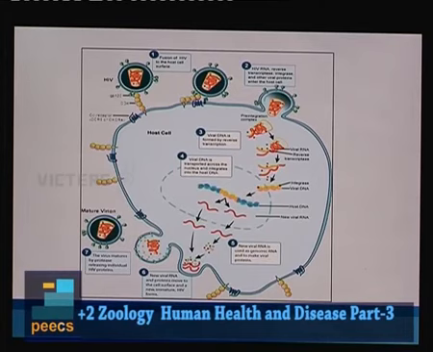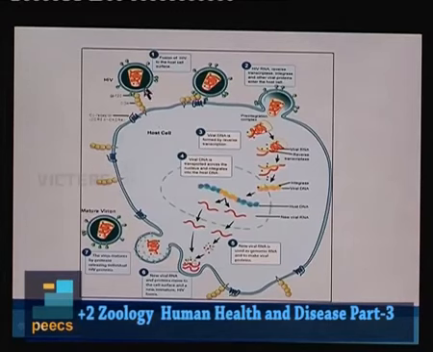Macrophages and T helper cells have CD4 receptors. They are the usual host cells for HIV. So, HIV undergoes replication within these host cells. In the process of replication, you can see the different steps as shown in this diagram.